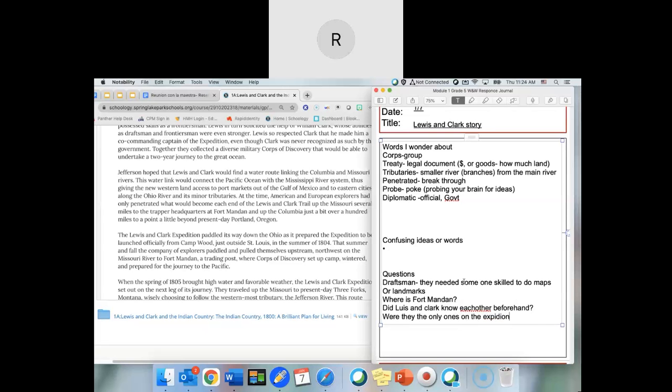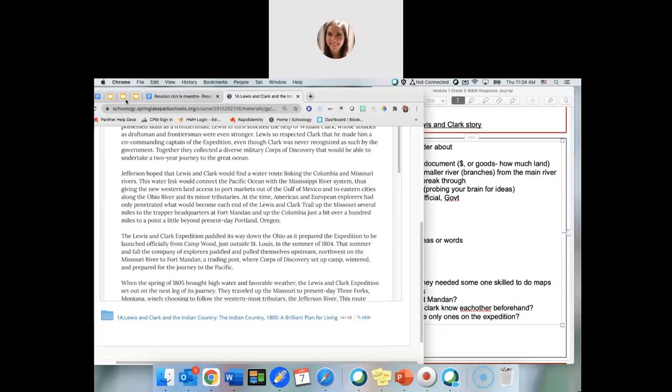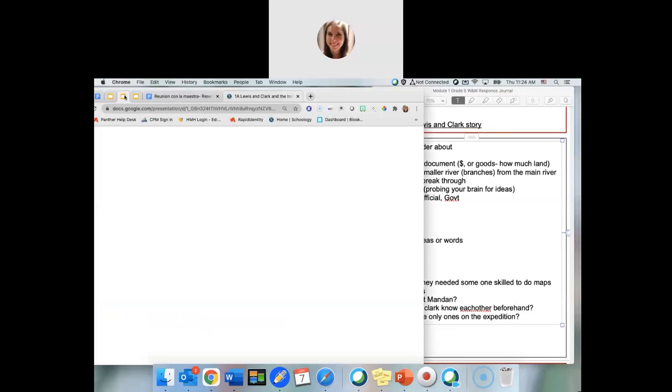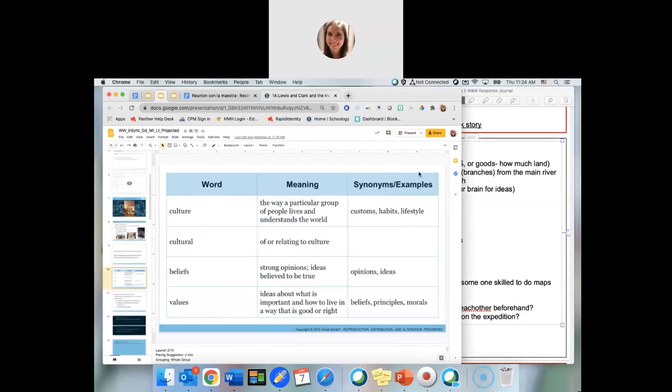Oh, okay, so I'm going to write both of them down. Did Lewis and Clark know each other beforehand? And actually, I don't know the answer to that fully. I think they knew of each other, but I don't know if they worked together. And then the other one was, were they the only ones on the expedition?